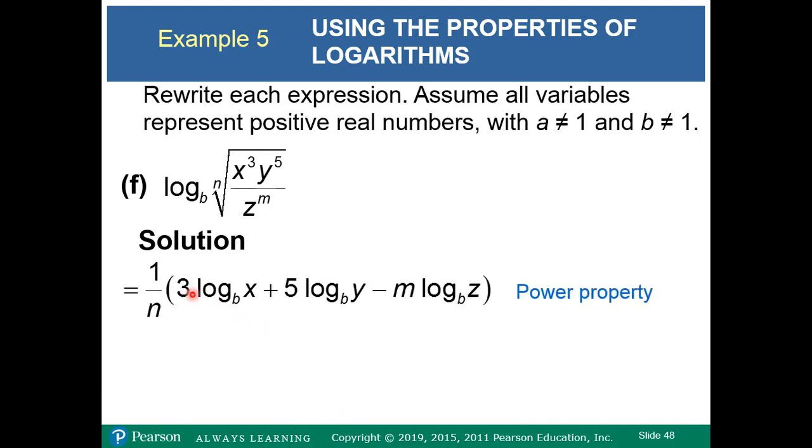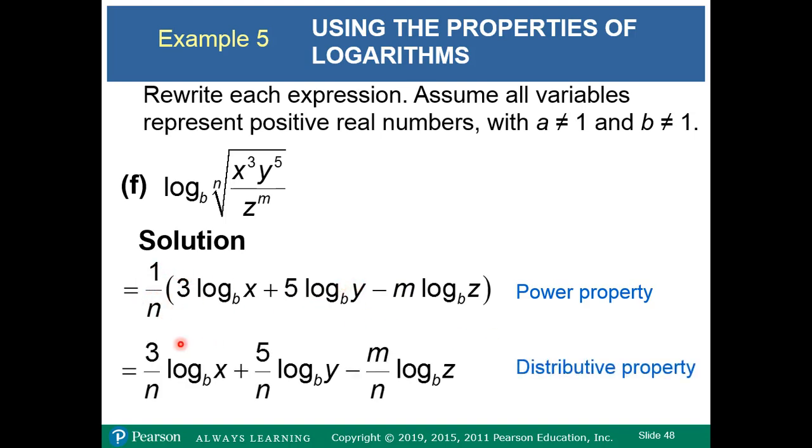And so we're going to get 3, 5, and minus m. Okay, so we brought all the exponents down, and now we can distribute the 1 over n. And so we get 3 over n log base b of x, 5 over n log base b of y, minus m over n log base b of z.